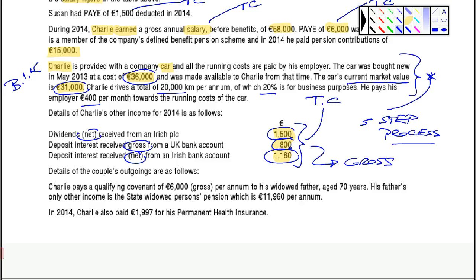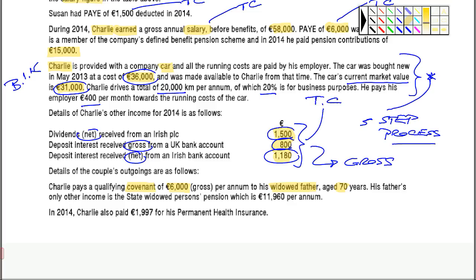Next bit here, they talk about a covenant. Now, we've not covered that in class, and I'll explain that when we get to the answer. But essentially, we've got Charlie paying out a covenant, and that's really just a promise. In other words, it's a promise to pay his widowed father, aged 70, some income, so that he's paying out 6,000 euros per annum.